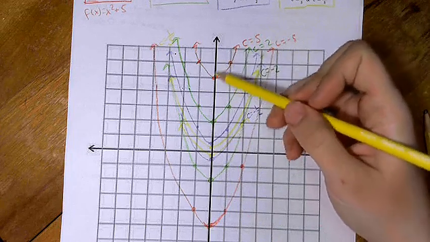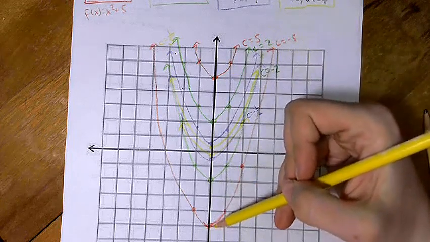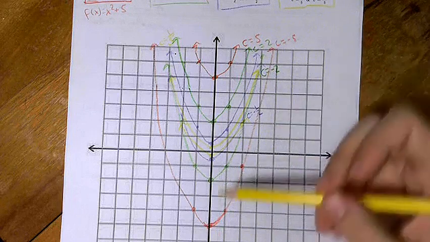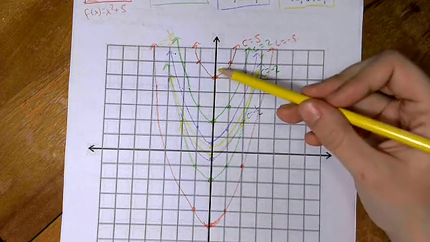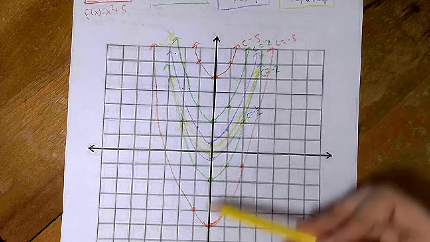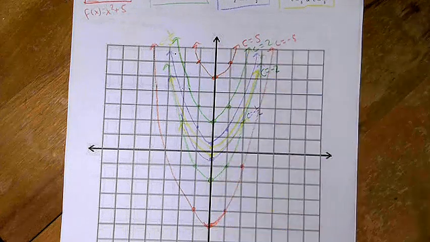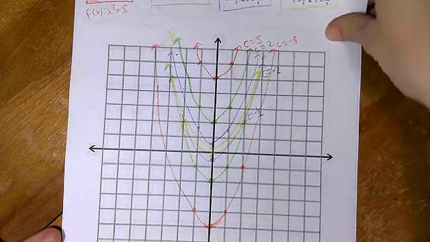So as c gets smaller, the graph moves down. Or as c gets bigger, the graph moves up. It just shifts it literally up and down, right? And hopefully my Desmos is working and we can kind of see that right next to this.